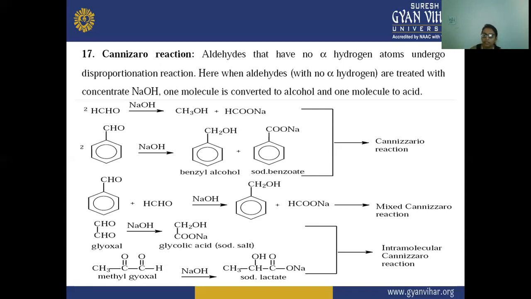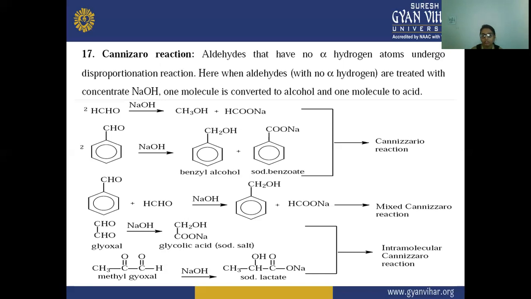The Cannizzaro reaction is for aldehydes having no alpha hydrogen atom, and it undergoes a disproportionation reaction. Disproportionation is also a redox reaction, in which oxidation as well as reduction happens. Oxidation means addition of oxygen, and reduction means addition of hydrogen.